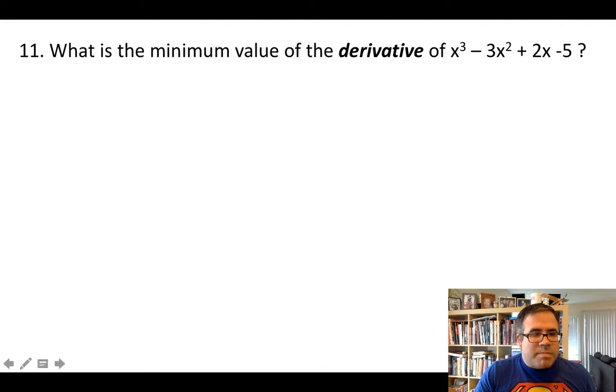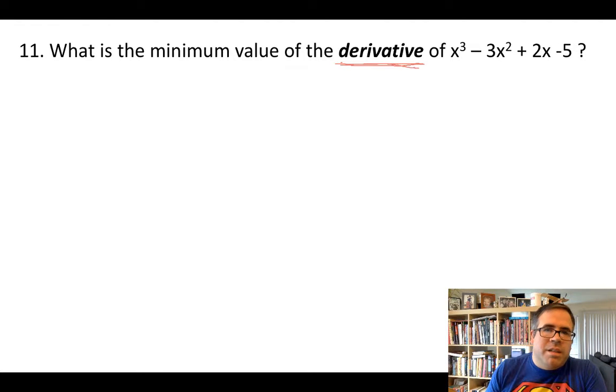Now, I did my best to signpost what you need to do here by making this part italics and bold. I want to say that these problems are all taken from actual AP tests that have been administered, and I'm pretty sure that is how it was in the actual AP test.